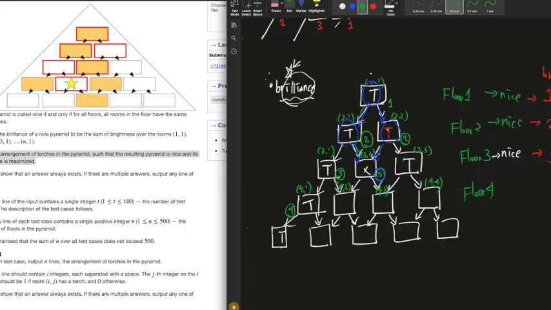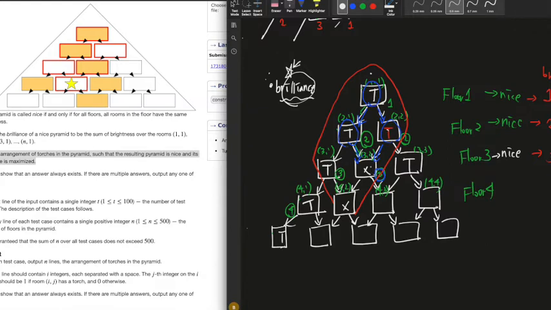And we'll think about 4,2. For 4,2, there are parents like this, and there are 4 T's, so I don't need to put a torch here, right?